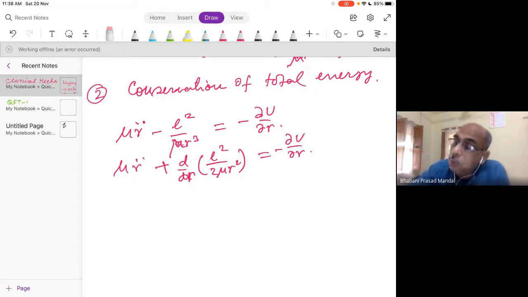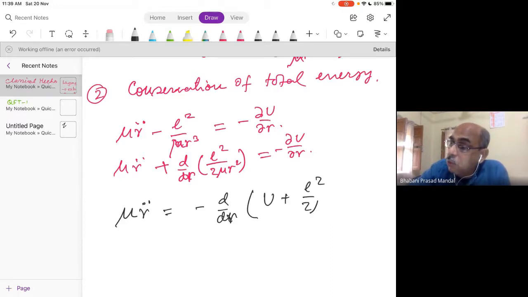So mu r double dot equals minus d/dr of u plus L square by 2 mu r square. Fine, I bring everything to this side.